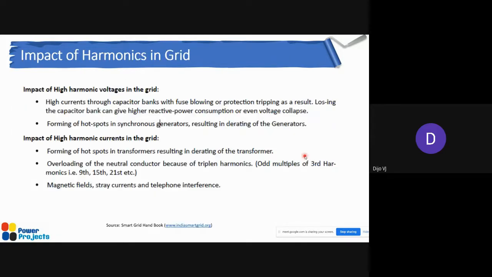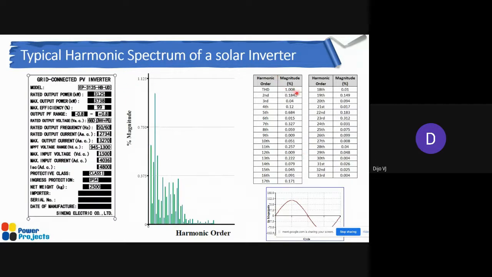But here, it is giving only 1% THD, right? But what is the issue here? What is the issue when it comes to 1%? Because when you go for a PV plant, we are showing only just one inverter here of 3125 kilowatt.